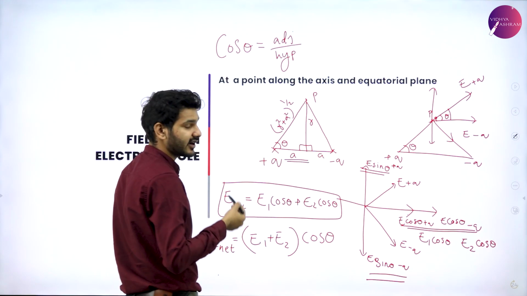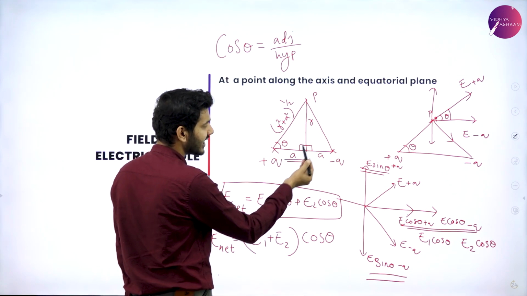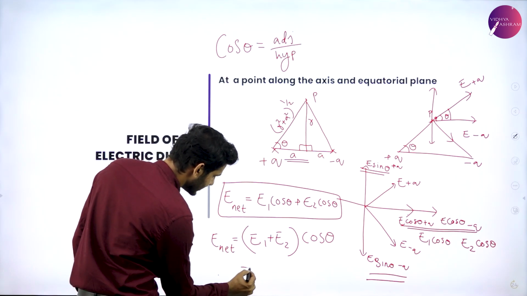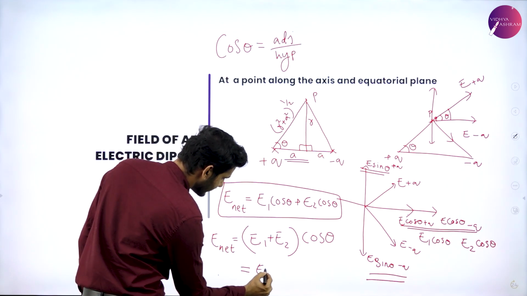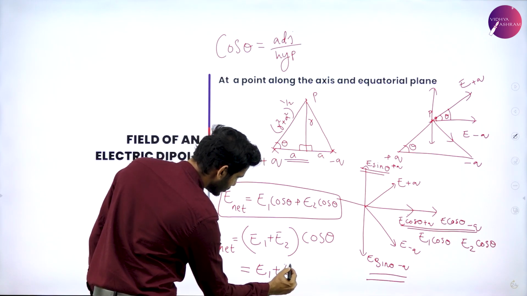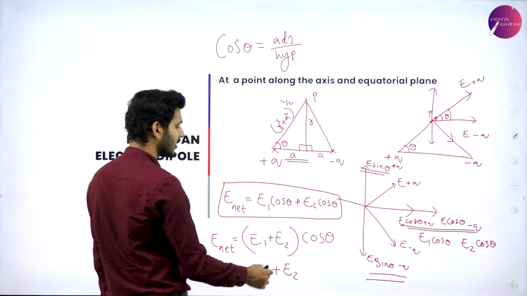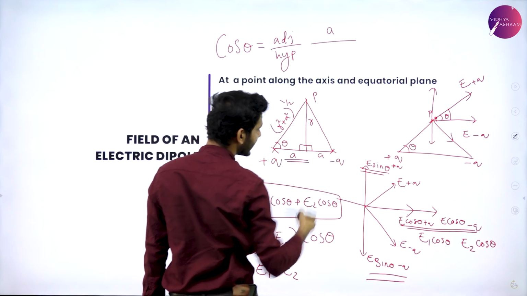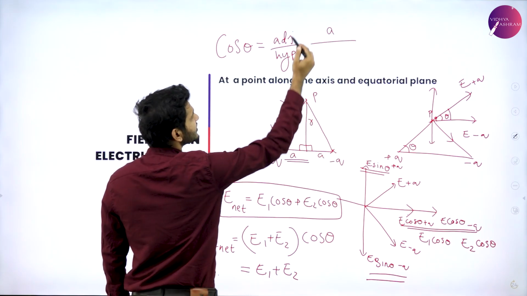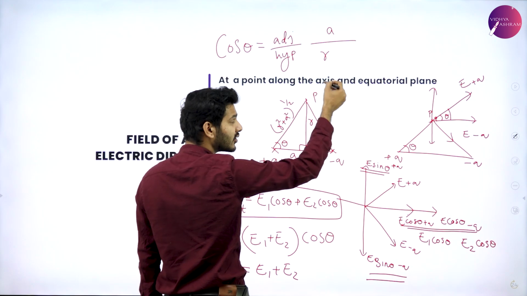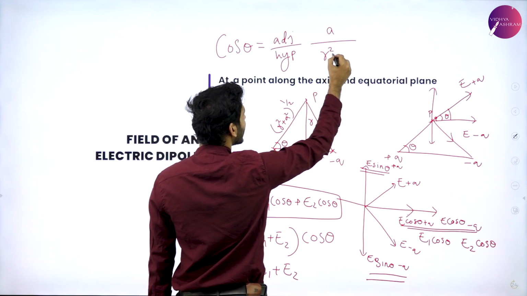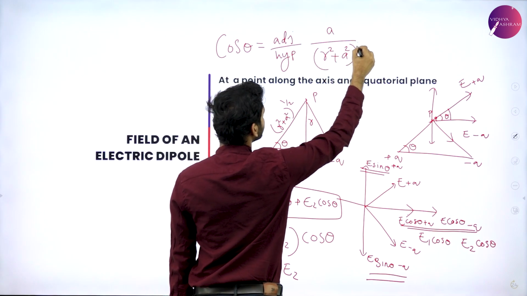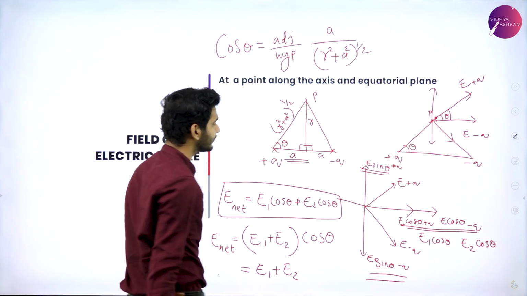Since it is divided equally, one side will be A and the other side will be A. So we can say that it is equal to E1 plus E2 into adjacent side, which is A, divided by hypotenuse, which we already found out in the beginning, which is R square plus A square whole raised to 1 by 2.